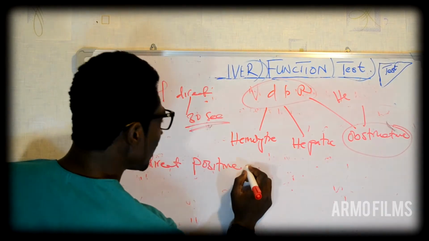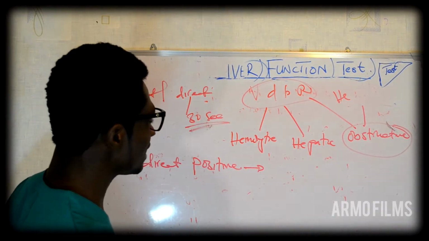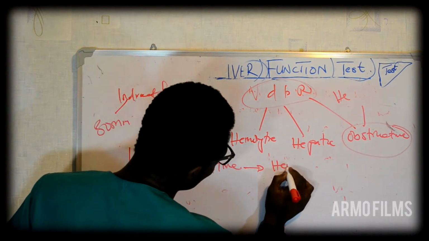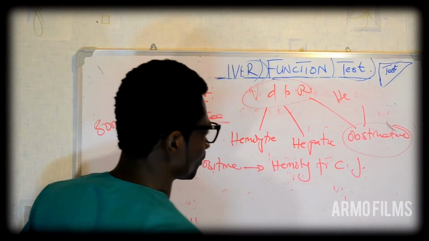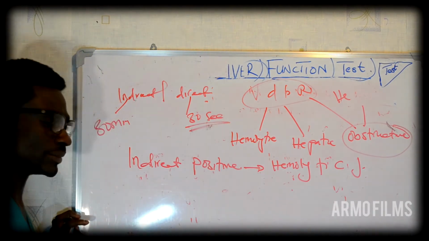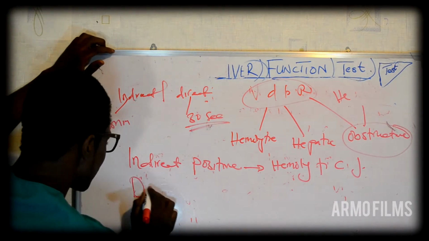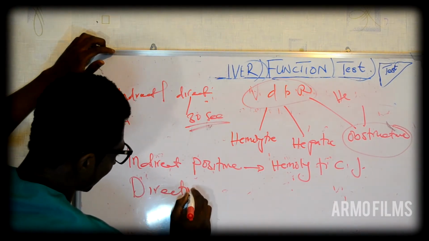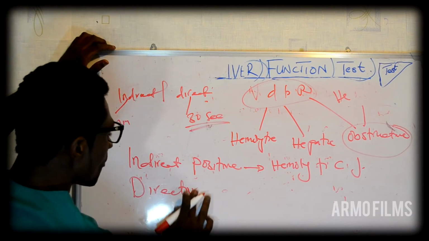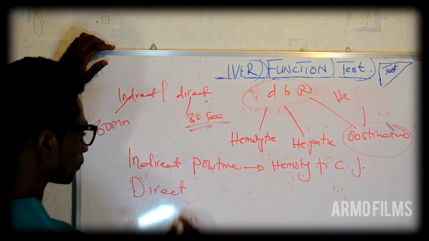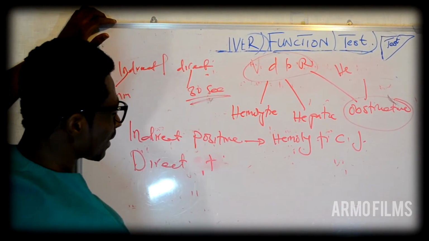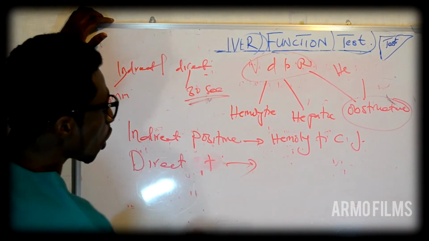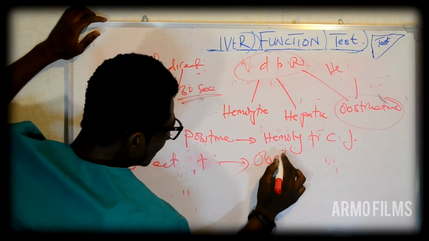Understand? So what it means is that the patient is having hemolytic jaundice. Hemolytic jaundice. But when you get a direct positive result, it simply means the patient has obstructive jaundice.